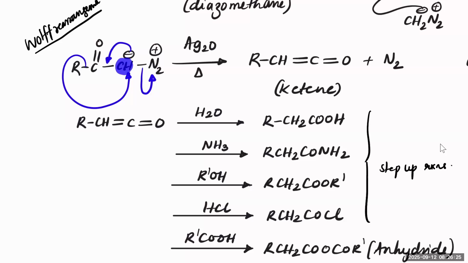To compensate that, the alkyl from here will shift onto it. While shifting, it comes out as an alkyl anion, which leaves a positive charge on nitrogen. That positive charge is compensated by this negative charge, making a double bond. This happens simultaneously, and this rearrangement is called the Wolff rearrangement. Due to this, you get a compound called ketene.